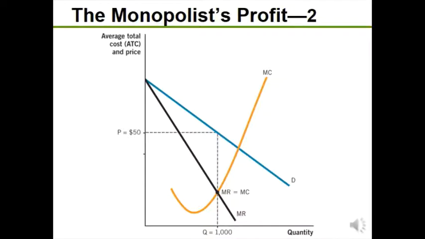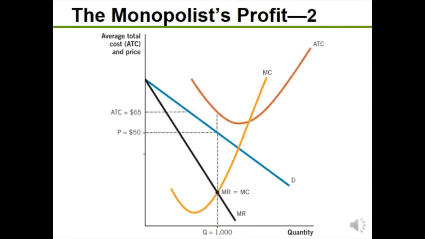But a monopolist is not guaranteed to make this economic profit. And again, to learn whether or not they are earning this profit, we have to know something about their average total cost. So again, set price where marginal revenue equals marginal cost. They produce 1,000 units of output at a price of $50 per unit.